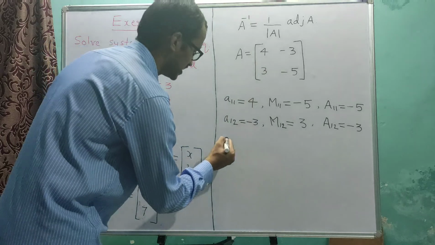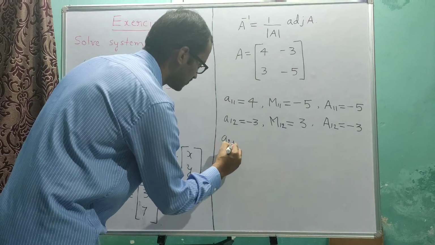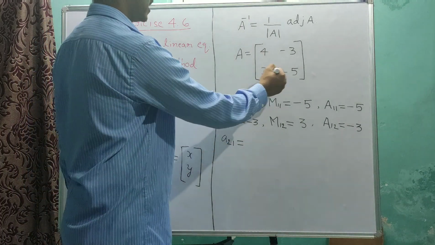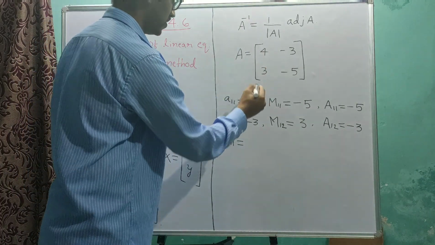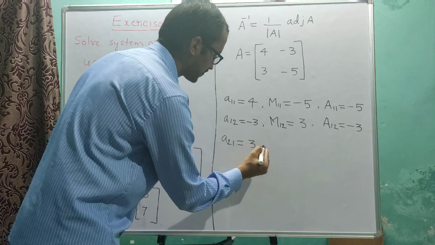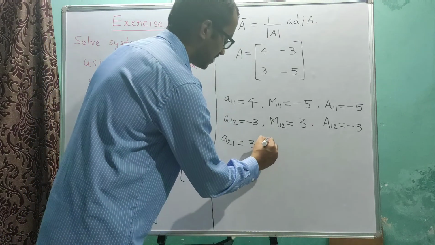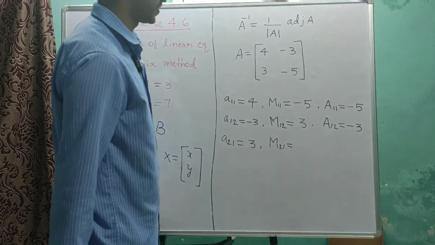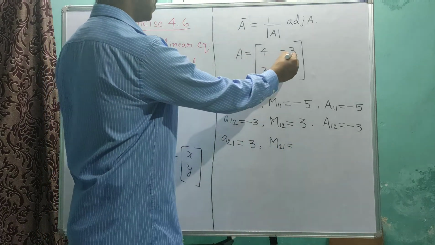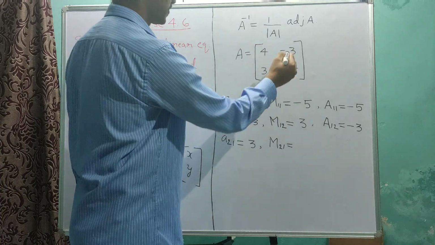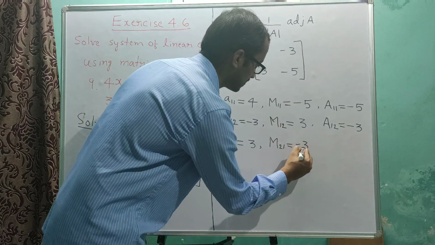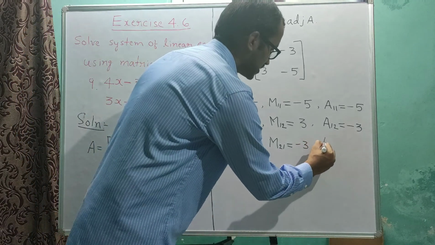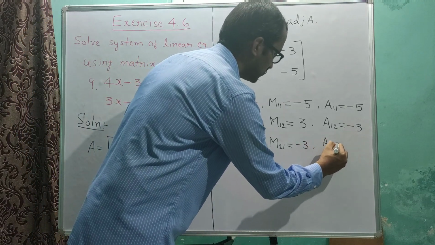Next element, that is A21. A21 means the first element in the second row, that is 3. Its minor M21 is the diagonally opposite element, which is minus 3, and its cofactor is A21.